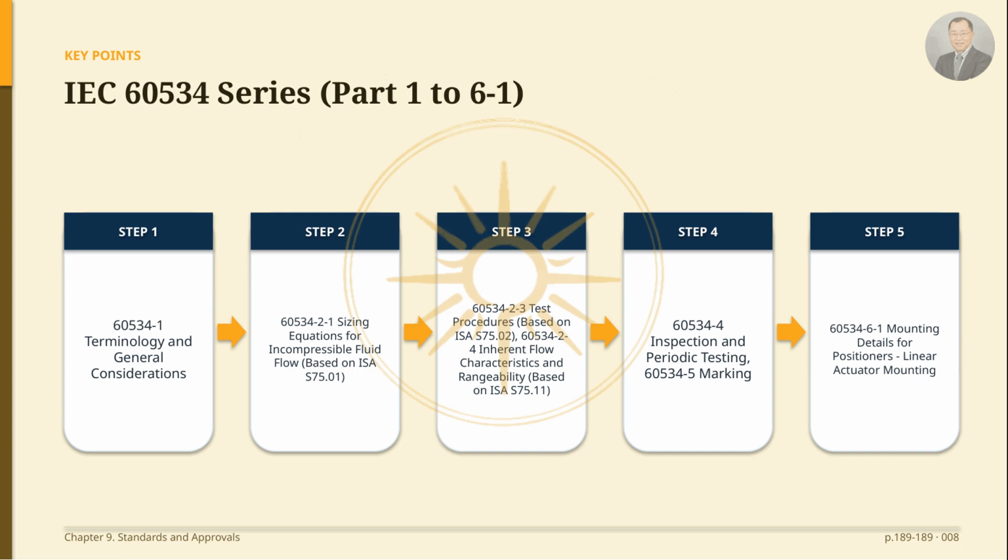Part 2-1 covers sizing equations for incompressible fluid flow under installed conditions as part of flow capacity, and is based on ISA S75.01. Part 2-3 covers test procedures based on ISA S75.02, and Part 2-4 covers inherent flow characteristics and rangeability based on ISA S75.11.